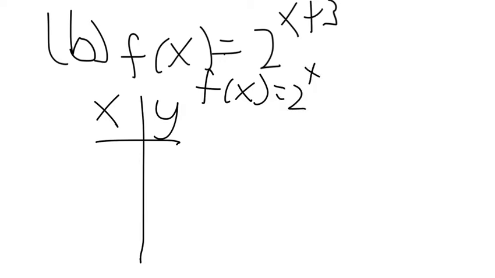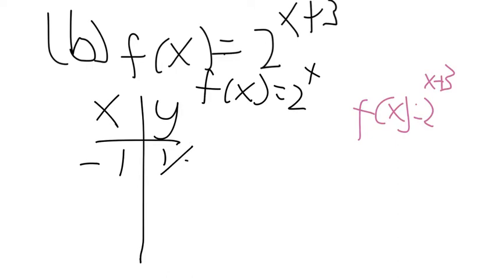And I'm also going to do 2 to a power of x plus 3. So when x is -1, y is 1/2. When x is 0, y is 1. When x is 1, y is 2.